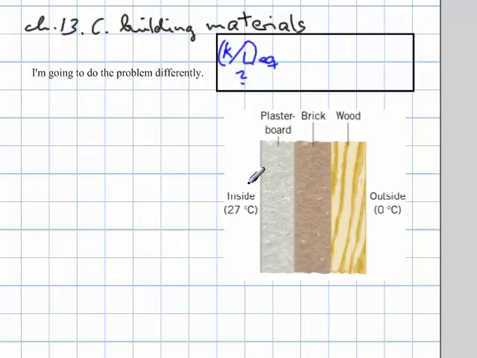Okay, with that I have to look at what is actually happening here. Well, heat of course flows from here to here, but it first has to flow through this one, then this one, and then finally this one. And each of these building materials is trying to resist the heat flow, and that's the word I'm going to use, resistance.